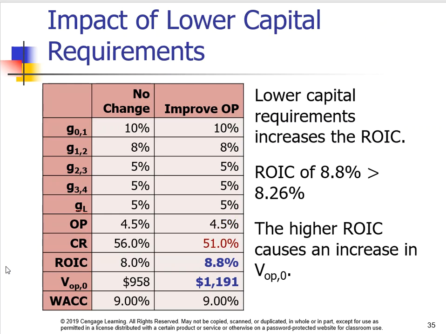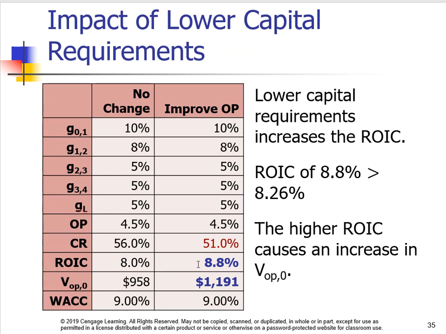So now let's see what happens if we do something about the capital intensity. Can we do more with less? So everything is held constant except the capital ratio. So we're going to lower the capital ratio from 56% of sales to 51%. So this is by being more efficient with your assets, selling more for a given level of assets, cutting non-performing assets, lowering your accounts receivable, your inventory, something like that, to make your assets less.